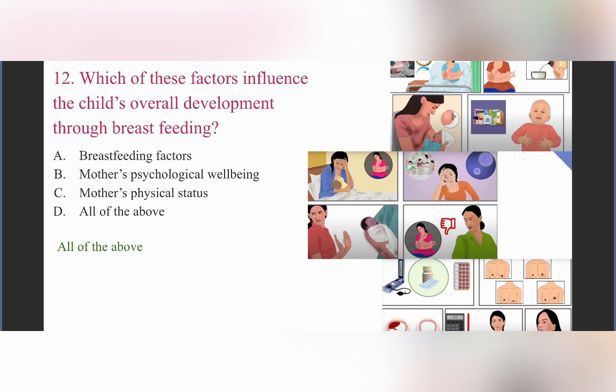And also, if we consider the mother's physical status, if the mother has diseases like diabetes mellitus, sugar, or blood pressure, or if the mother is malnourished, or has habits of drinking alcohol or smoking, these have also been found to adversely impact the health of the baby, right?